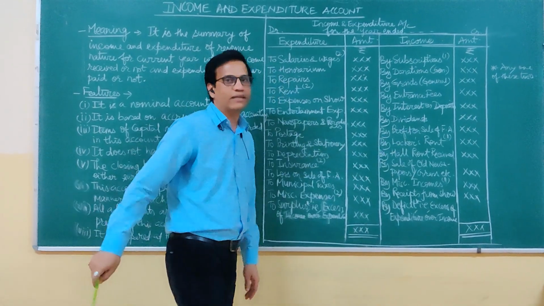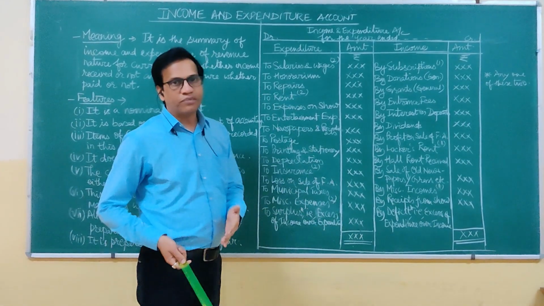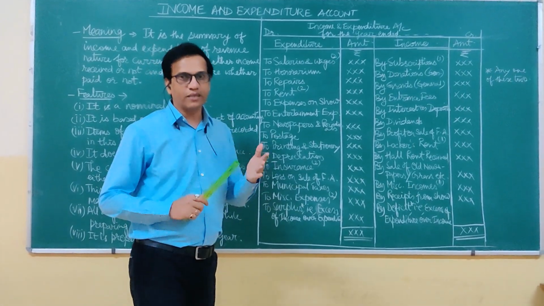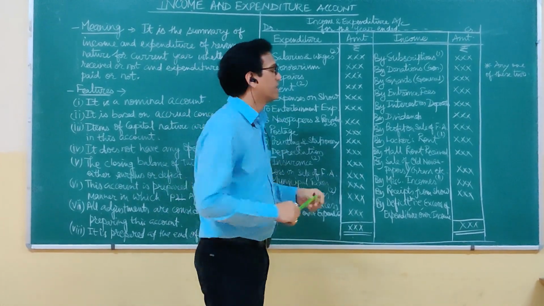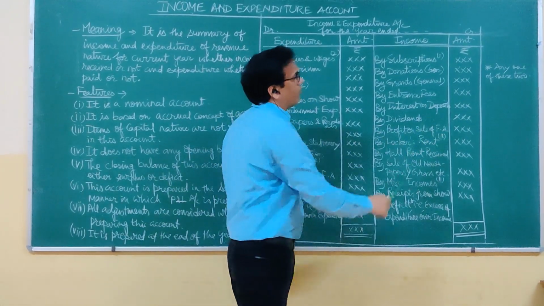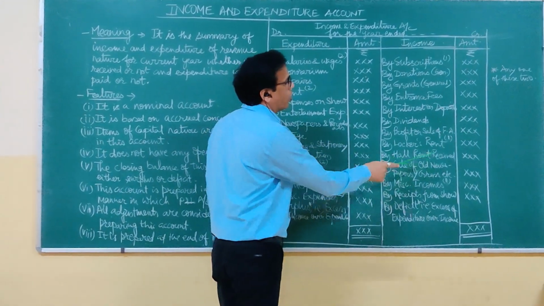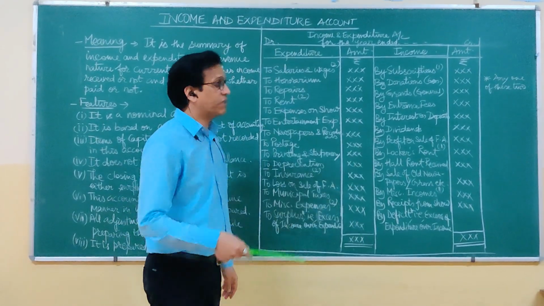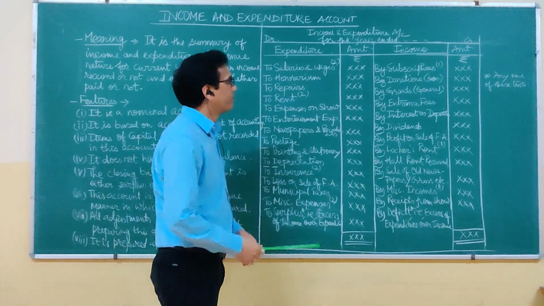Then lockers rent. If it is a sports club and it is running a gym and provides locker facility to its members and charges some rent from those members for those lockers, then that lockers rent is taken here. And again I have written 1 here, that means you may be given adjustments related to it. Hall rent received: yes, if we are giving our hall, the premises, on rent, then that rent is again our rental income.